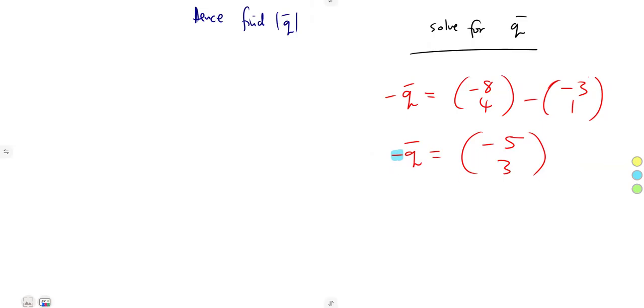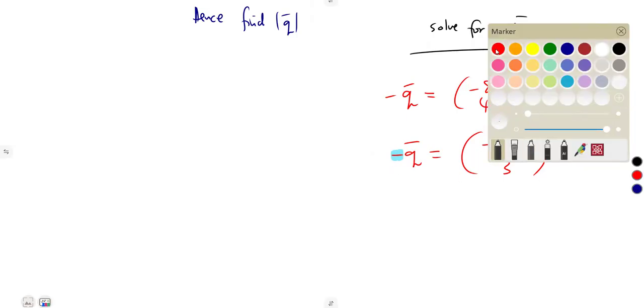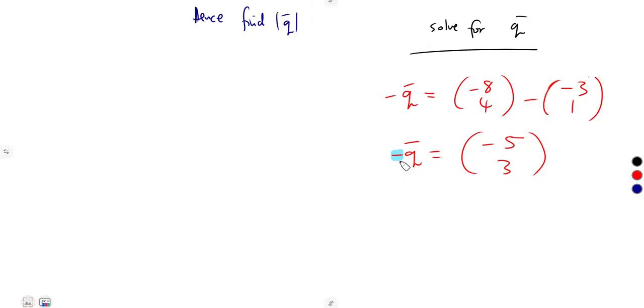So get rid of that negative. You simply divide by the negative to get rid of that negative, or you multiply by a -1, which is a scalar -1. So to get rid of a negative, just introduce a negative on the other side. So negative, negative, that's a positive.